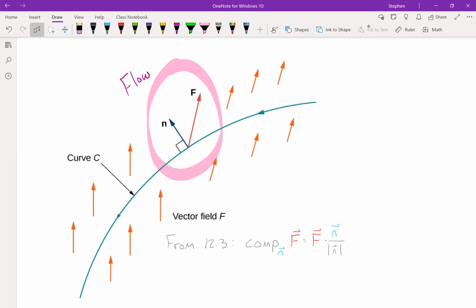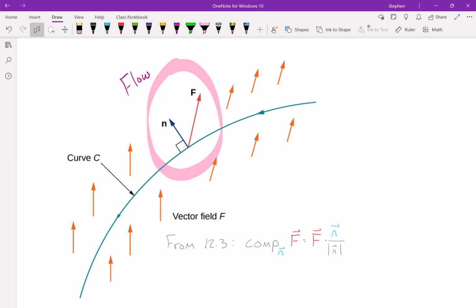And if we recall some information from all the way back in section 12.3, we know that the component of a vector in a certain direction, so in this case, the component of F in the direction of N, is equal to F dotted with the unit vector for the direction N. So N over magnitude N will give me the unit vector in the N direction, preserving only the component of F that points in the N direction.